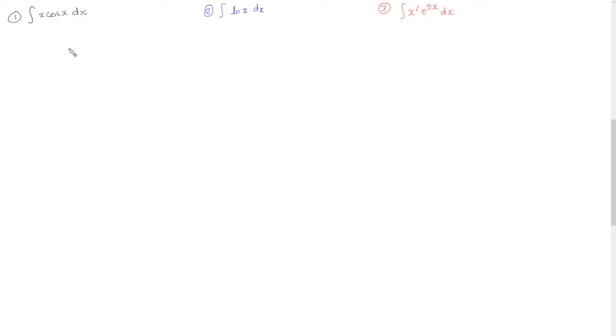To solve all of these problems, we would like to note something. Our problem is to distinguish between u and v as in the formula. To recognize the difference between u and v, we have a rule which is known as ILATE. Let us go to that.